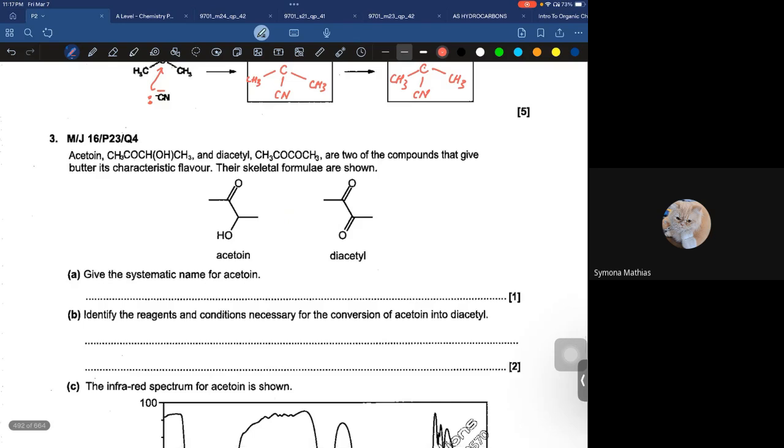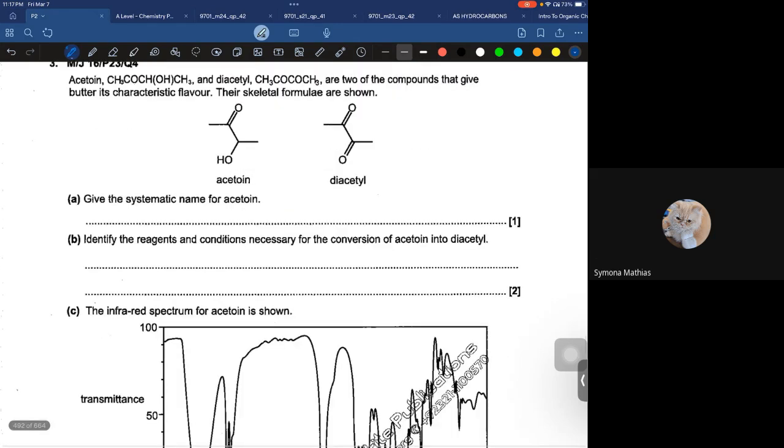Then they are saying give the systematic name for acetone. Again, you are supposed to give the preference to the ketone. When you have alcohol and ketone in the same compound, your carbonyl would be the preference. So you are supposed to give the least number to this carbonyl. You have in total four carbon atoms.